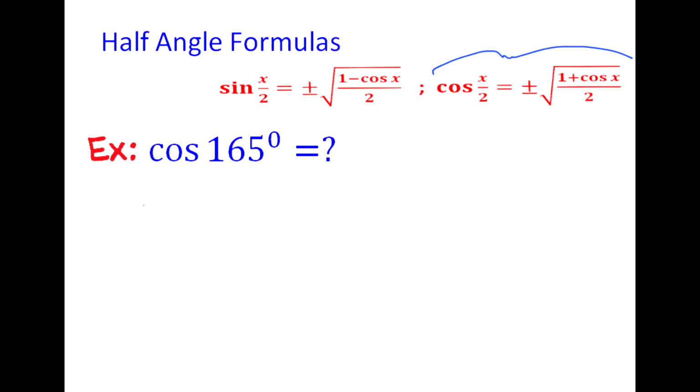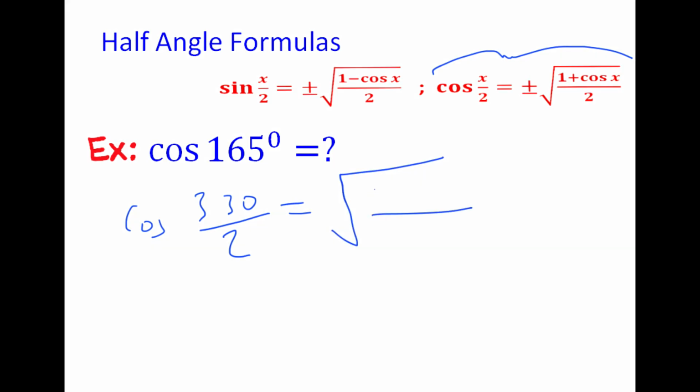We can write 165 degrees as cosine 330 divided by 2, right? And as you can see, in this way it's going to be much easier. And now x is going to be 330. So it's going to be the square root of plus or minus 1 plus cosine 330, guys, divided by 2.